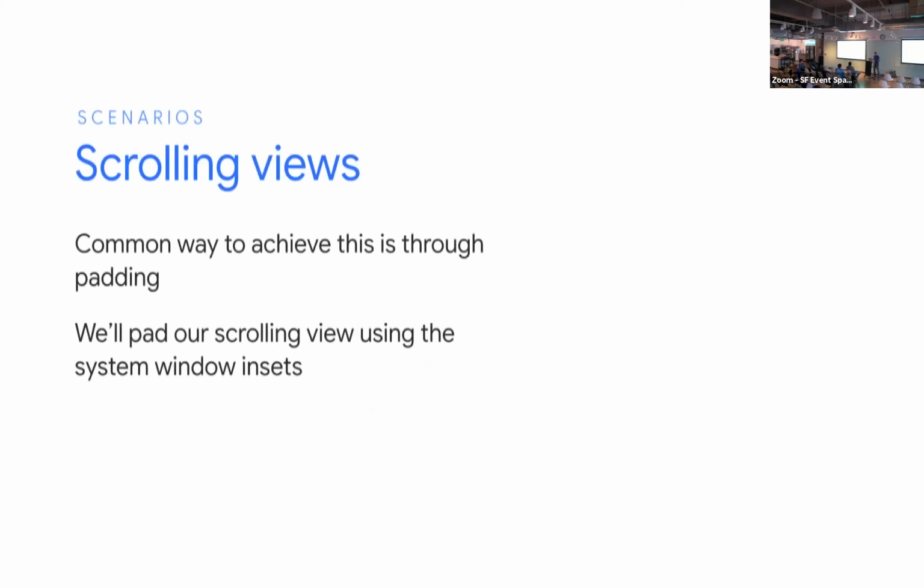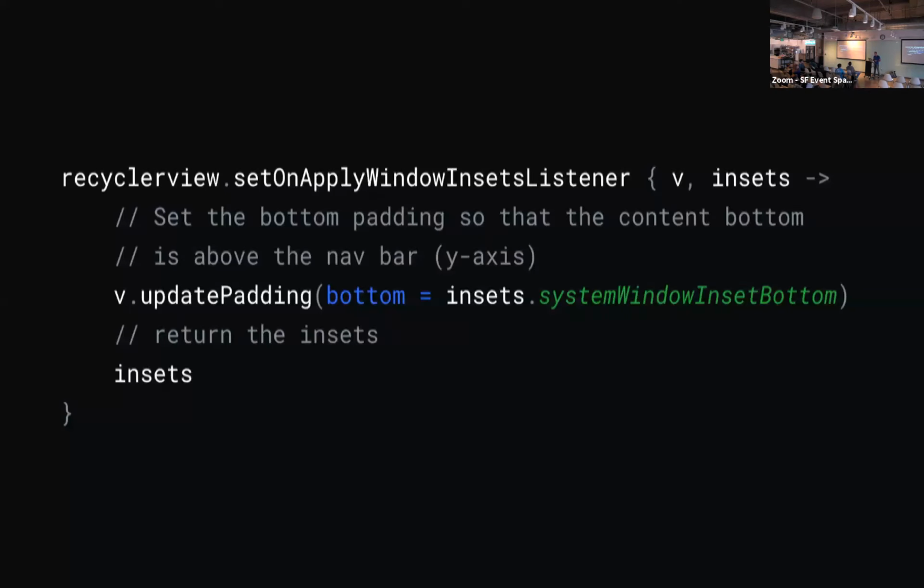And a common way to achieve this is by using padding. By using the system window inset API, you can get the current insets for that device and update your padding values according to that.